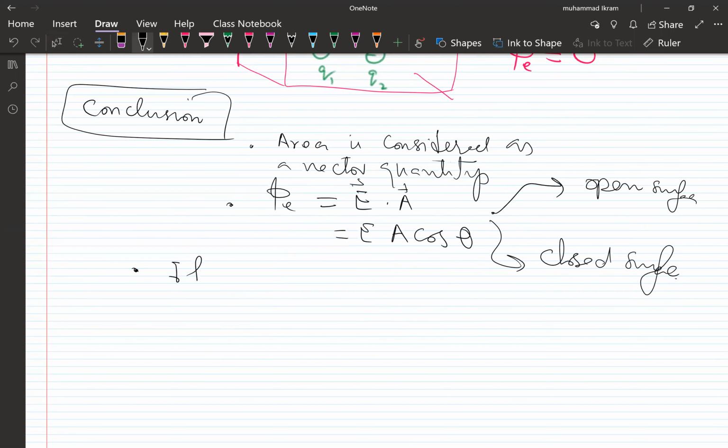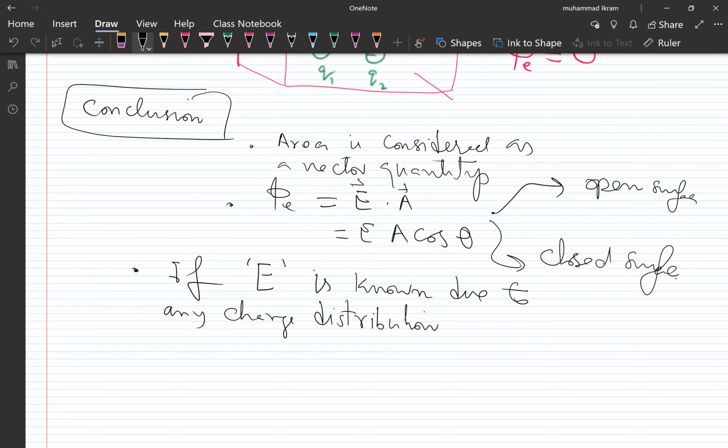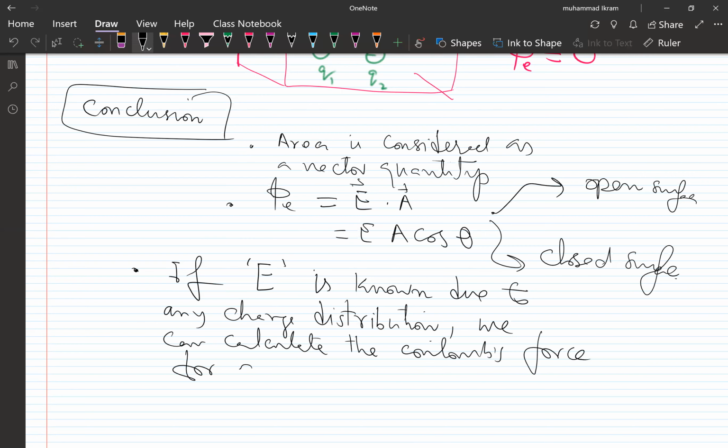And then we studied various cases, and what is the result? The important result is that if E is known due to any charge distribution, say if the charges are more than 5 or 6, to which we cannot apply Coulomb's law directly, we can calculate the force for such a situation in a very easy manner.